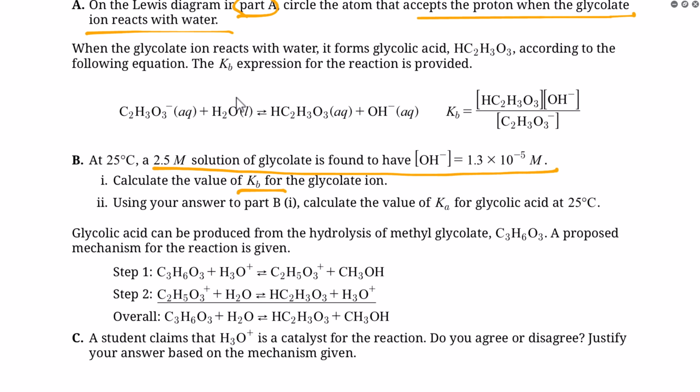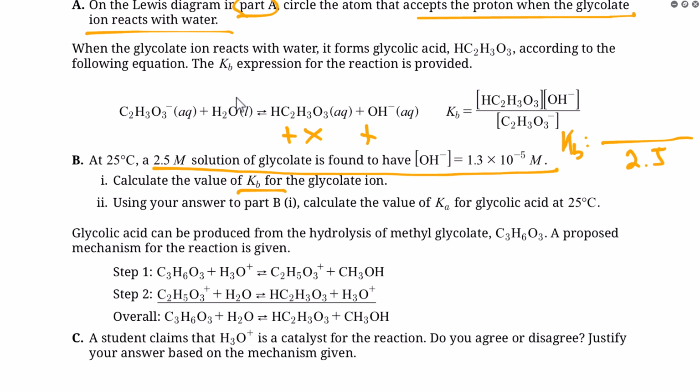So this is kind of like a modified version of a Rice table to solve for the equilibrium constant here. So Kb equals our glycolate, 2.5, so that's going to be down here at the bottom. And then we have our OH minus concentration. Remember when you build a Rice table, this part here is plus X, especially when we deal with acids and bases.